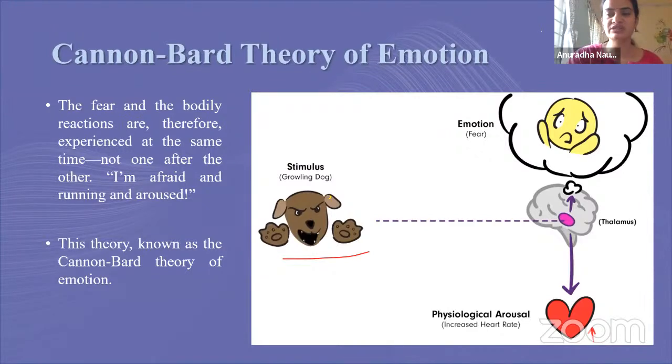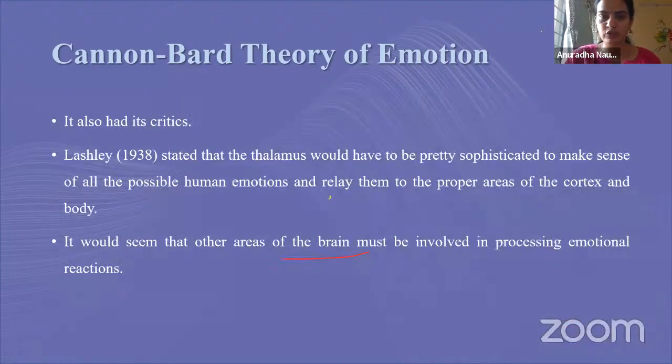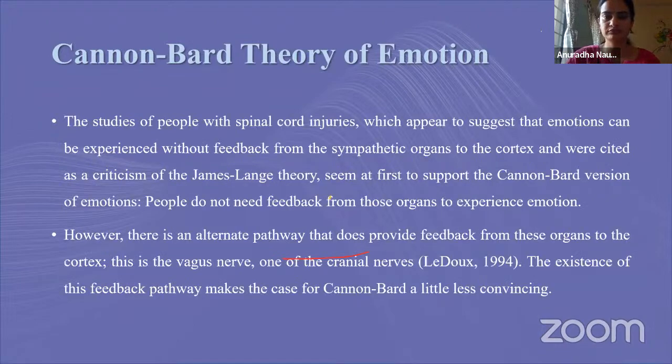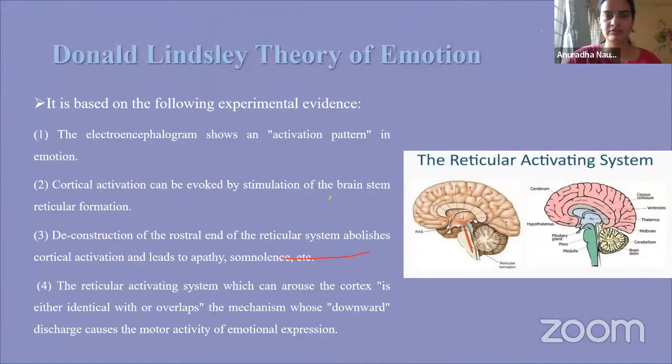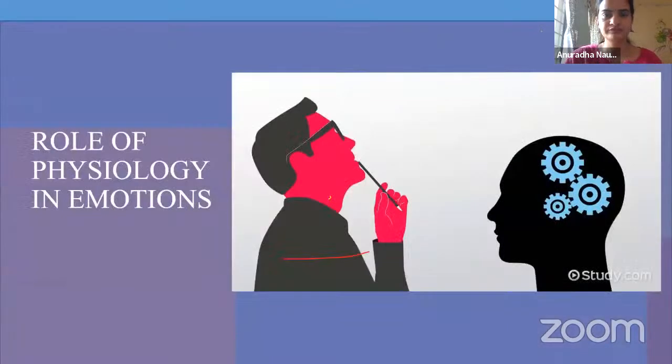So that is also a major difference between Cannon-Bard and Lindsley's theory. In Cannon-Bard, he said that only the thalamus will be included in how we are perceiving the situation. But what Lindsley said was the reticular activation system is also involved. So these are the 5 theories that we have learned today.